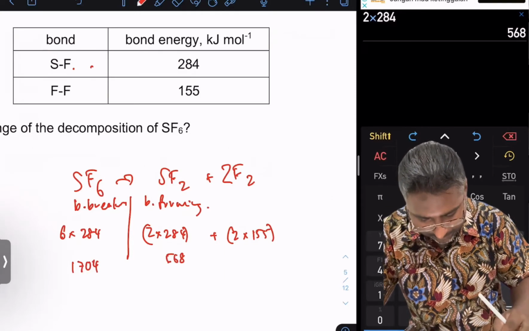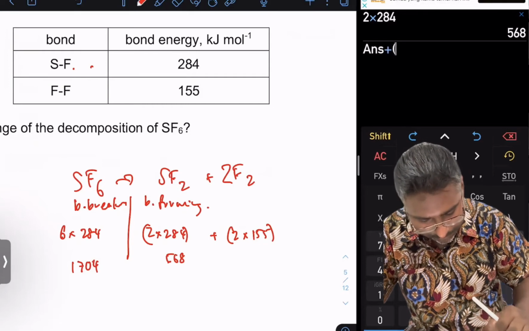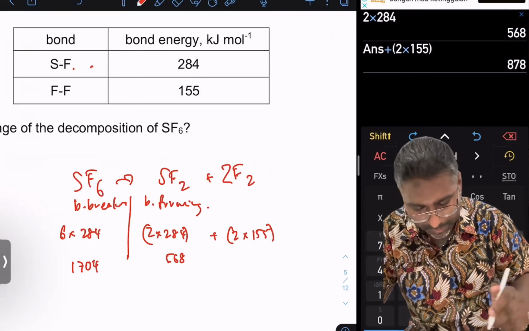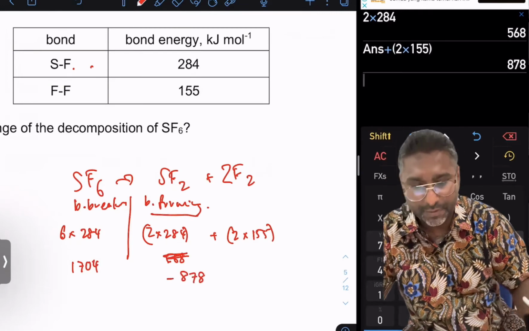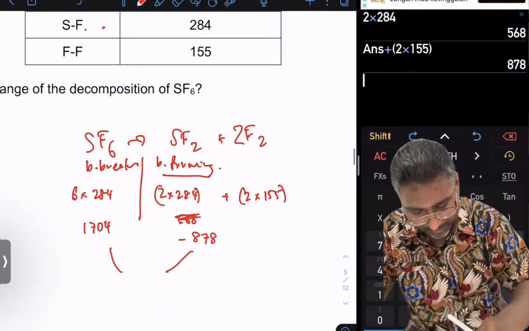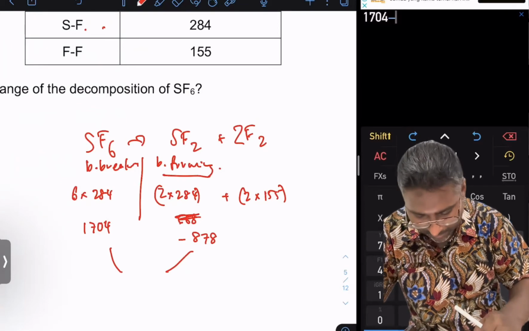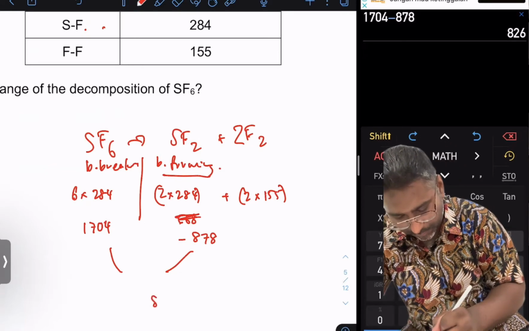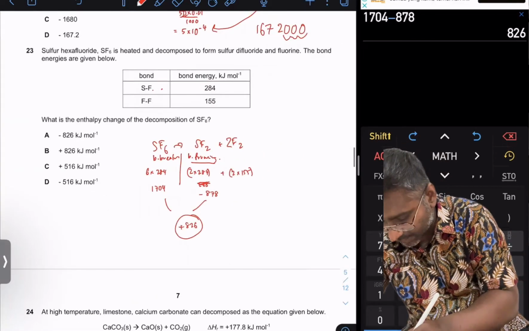Then you add with 2 times 155, 878. Do remember, bond forming is negative here. So you add these two: 1704 minus 878. That's going to be the answer, 826. So this answer is plus 826.